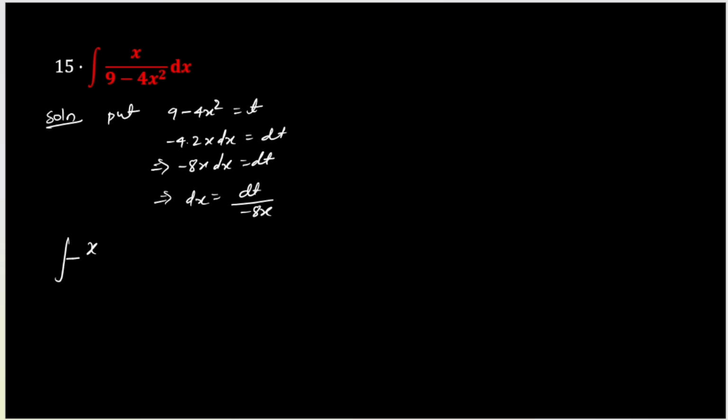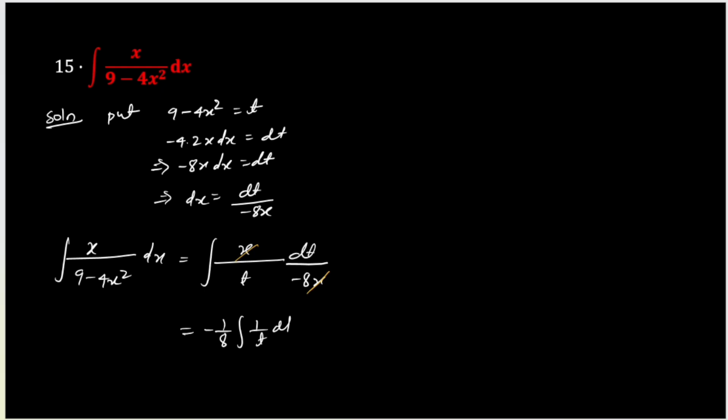Therefore the given integral becomes x by t, because 9 minus 4x squared we already related to t, and dx is defined as dt by minus 8x, where x is cancelled, so the integral becomes, in terms of t, minus 1 by 8 into 1 by t dt, and the integration of 1 by t is equal to log t plus c.